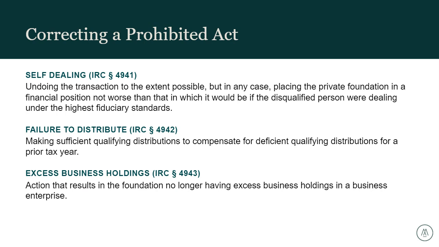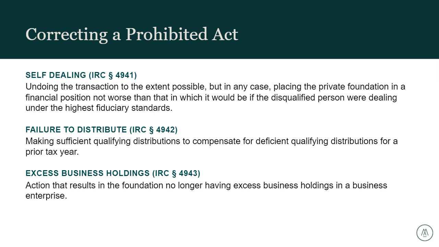Essentially that means placing the private foundation in a financial position not worse than it would be if that act did not occur. So if some funds were exchanged, they would need to be returned. Depending on the time it took to return those funds, it would not be unreasonable to also assess some interest on the disqualified person who would pay the foundation.